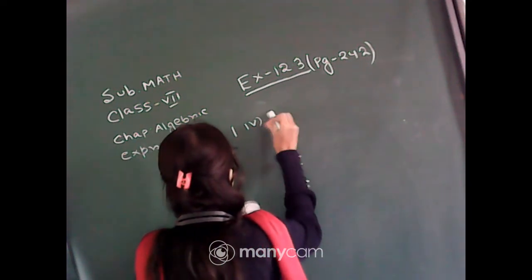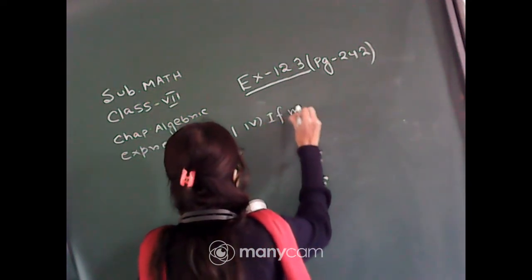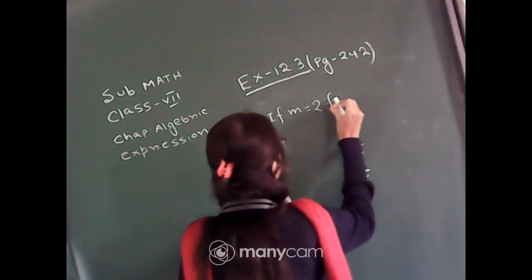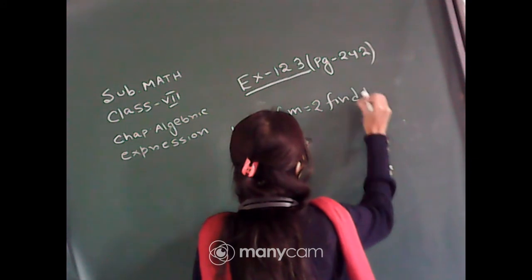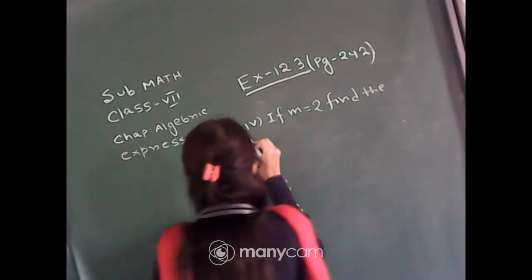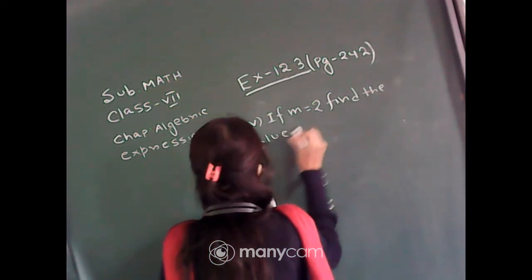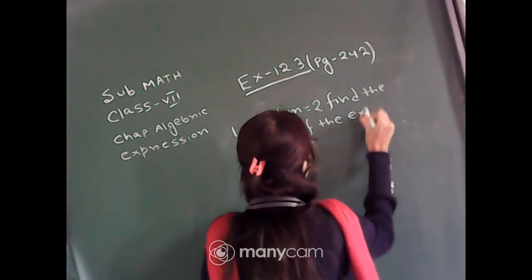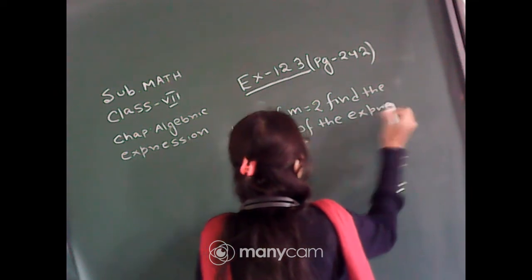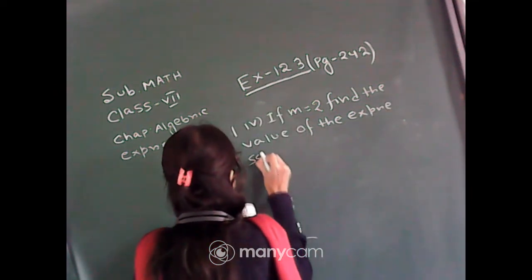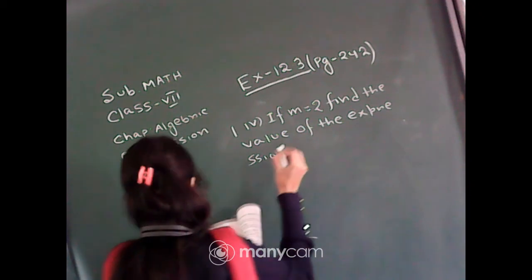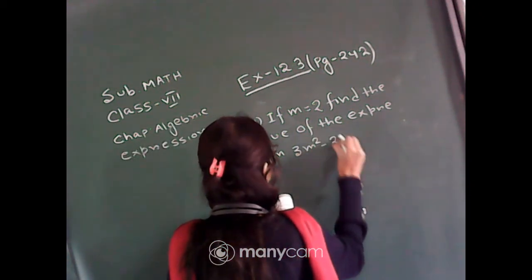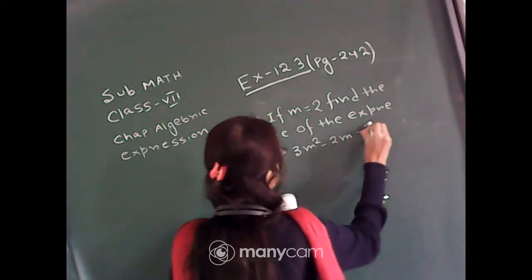If m is equal to 2, find the value of the expression 3m square minus 2m minus 7.